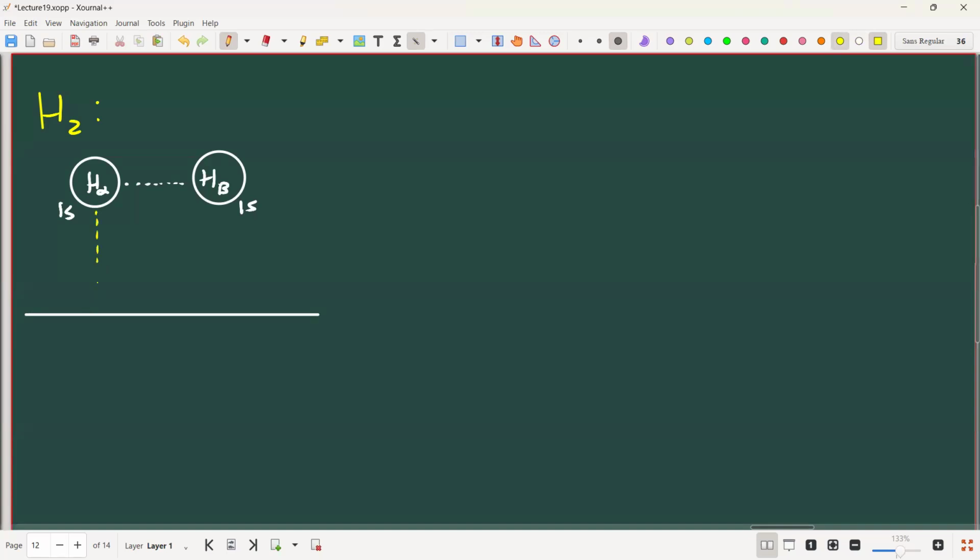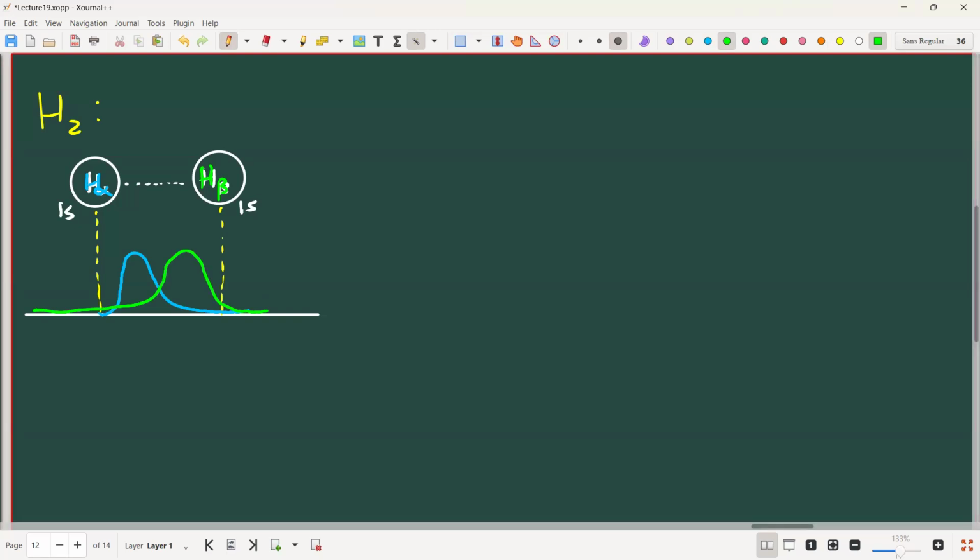So let me just draw some axes here. We know the wave functions go to 0. Let's make this one blue and this one green. So the blue one looks something like this, and the green one is the same, but just mirrored, something like this.